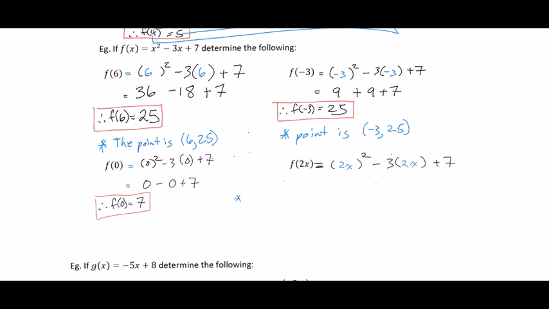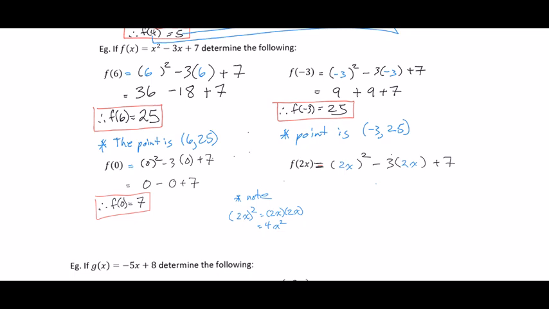Now, let's put a big note here. You should realize that 2x squared is the same as 2x times 2x. Now, because it's just straight multiplication, the 2's multiply to end up being 4, and the x's multiply together to give us x squared.